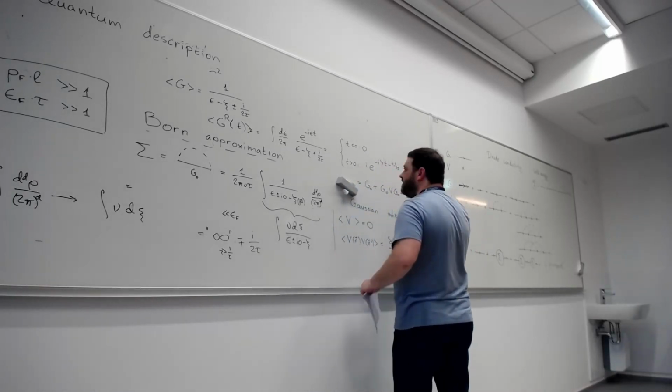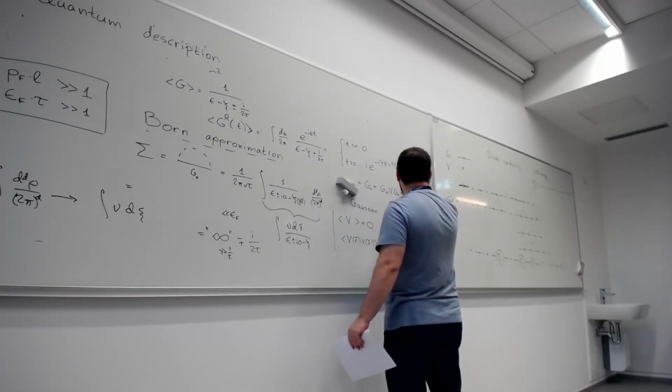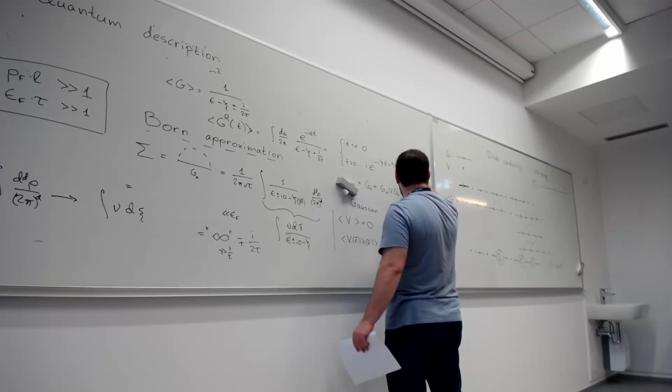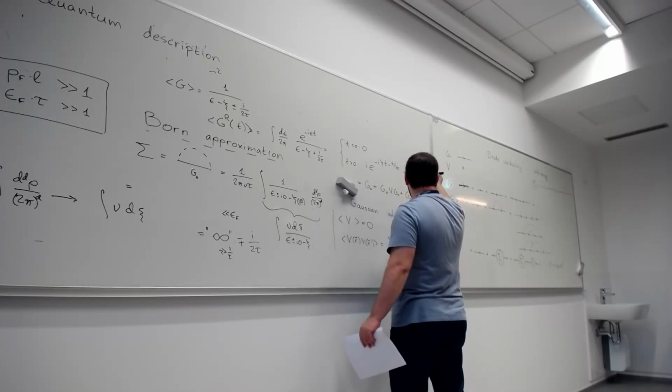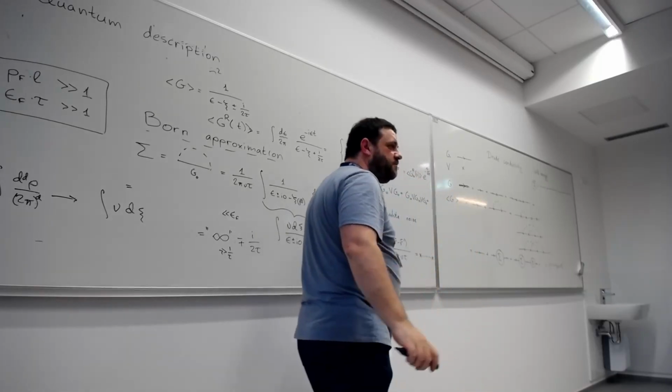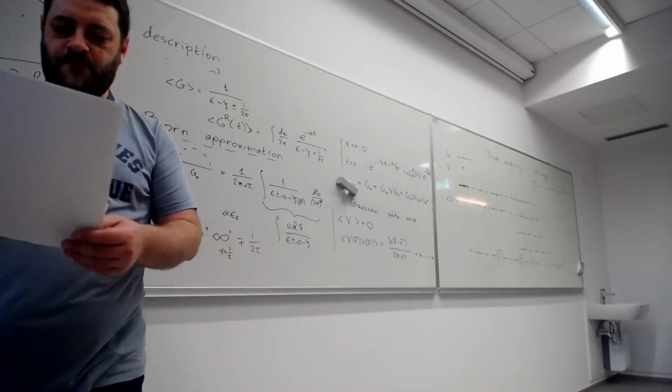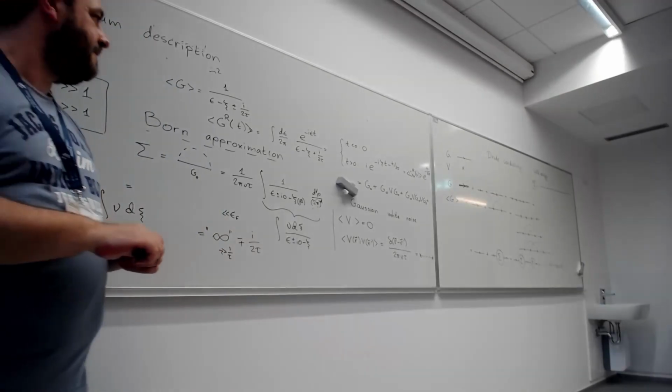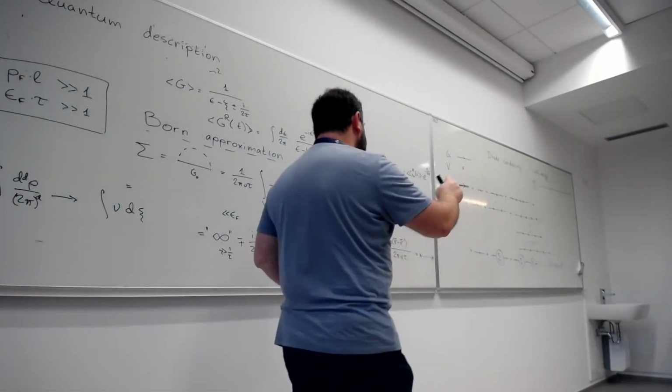So the answer is the following. It's the same as the clean retarded function times exponent of minus t over 2 tau. I mean, you don't need to average the clean function. Oh, sorry, indeed. Okay.